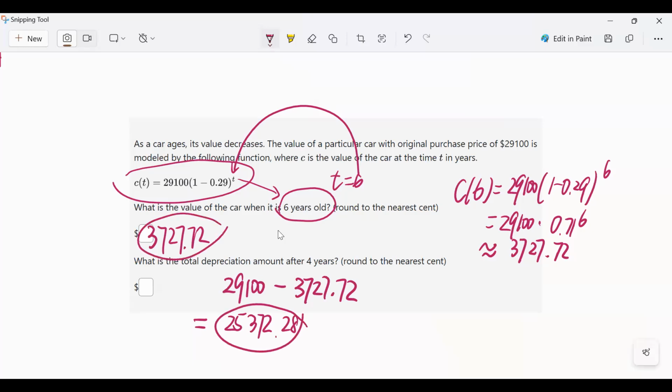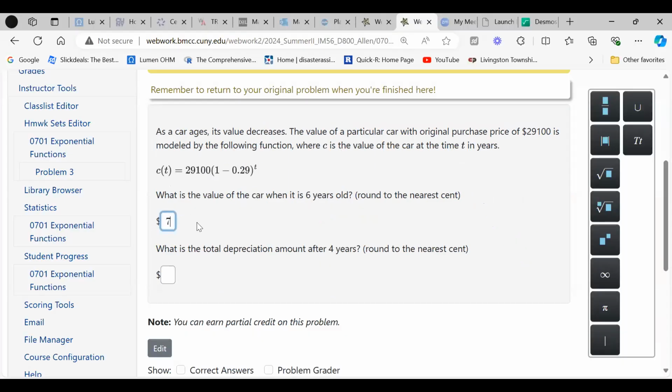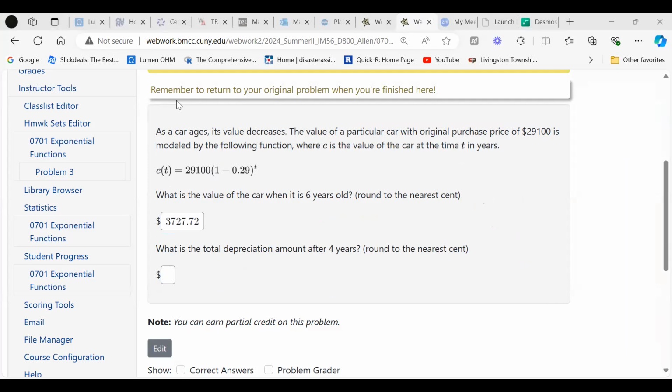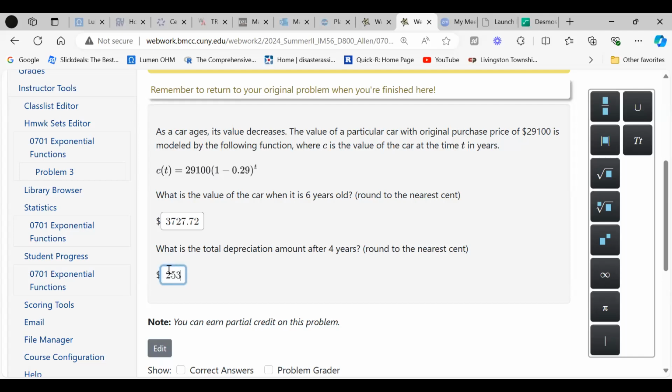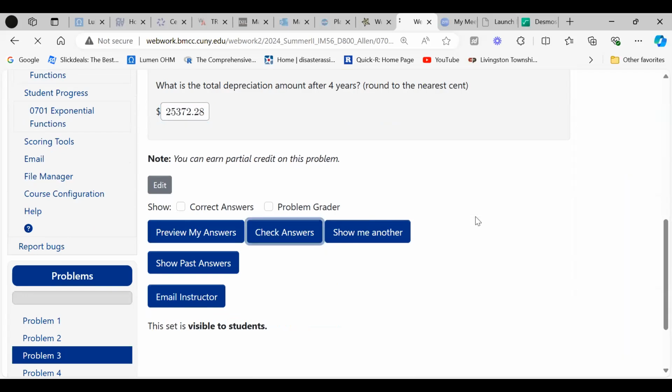Any question about this? Yeah, very good. 25,372.28.